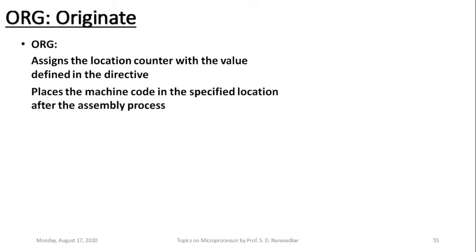And then by this ORG assembler directive, the assembler places the machine code in the specified location after the completion of the assembly process.